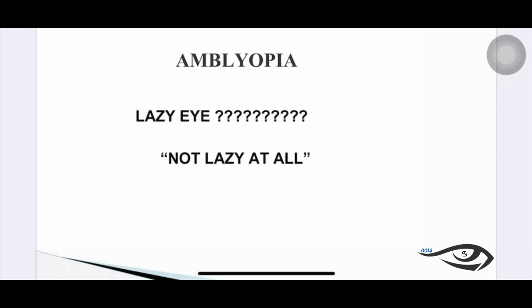Because whenever a patient of amblyopia comes to us, we check the anterior segment, we check the posterior segment, and everything looks quite okay in the eye. Still, we call it lazy eye. So when there is nothing lazy in the eye, why are we still calling it lazy eye?